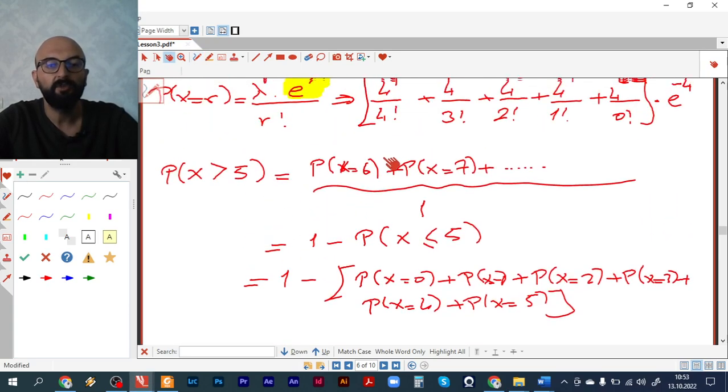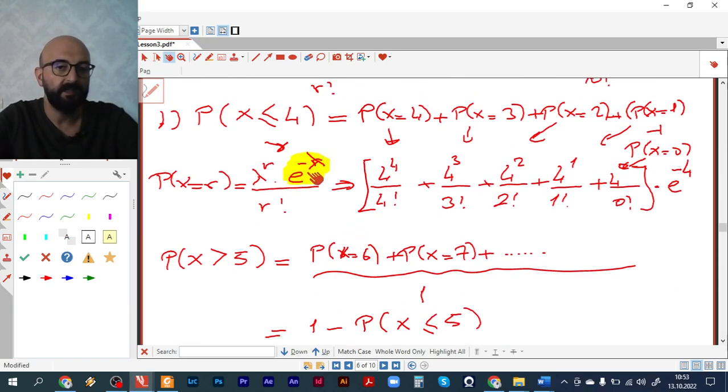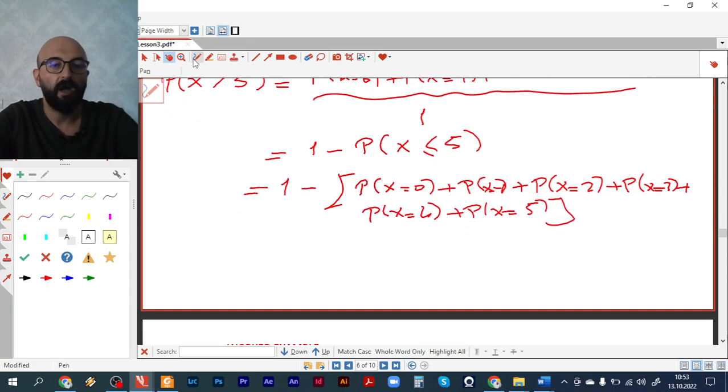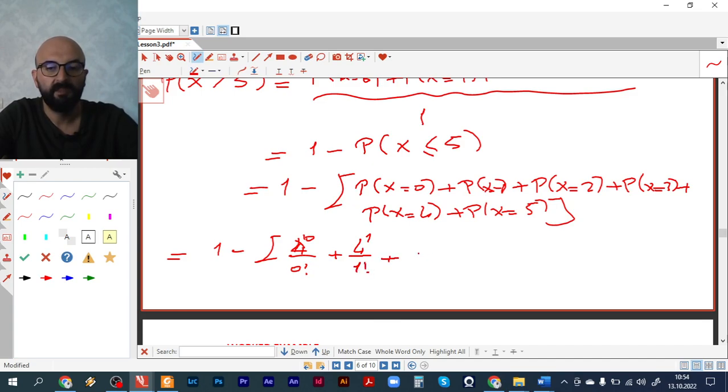I will use the last formula: 1 minus, lambda to 0 over 0 factorial, 4 to 1 over 1 factorial.